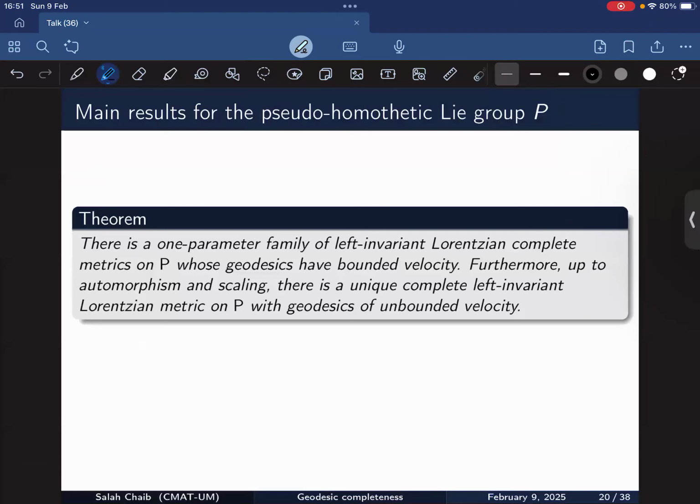Okay, so we call P the simply connected Lie group of this Lie algebra, and in this Lie group we have a one parameter family of left-invariant Lorentzian metrics which are complete and have bounded velocity. I will explain this later. And furthermore, up to automorphism and scaling, we have unique left-invariant Lorentzian metrics with geodesics of bounded velocity.